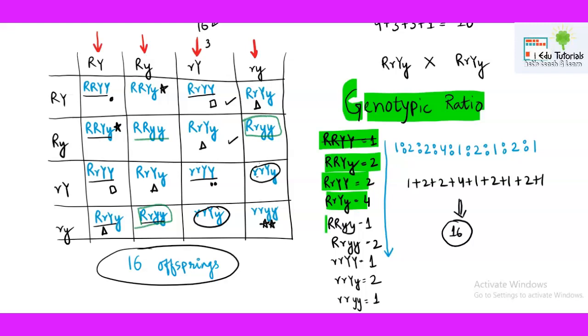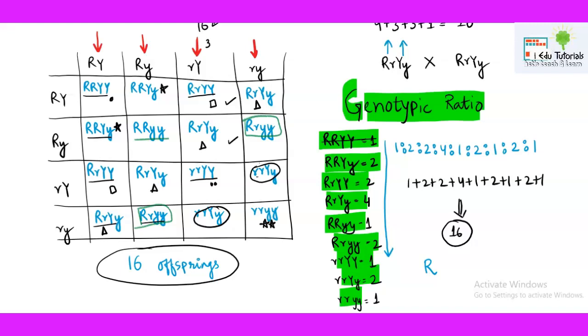This way we have counted for each individual. Now suppose in the exam a question comes like, what if two parents are heterozygous for a character? See here, this is our heterozygous parent only, because we have taken one dominant and one recessive allele, right? So these are our heterozygous parents.